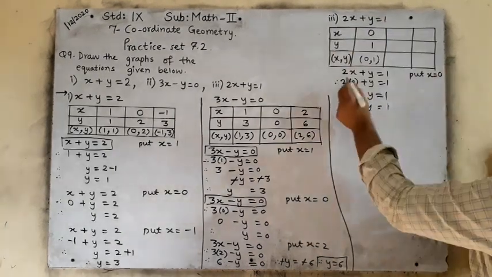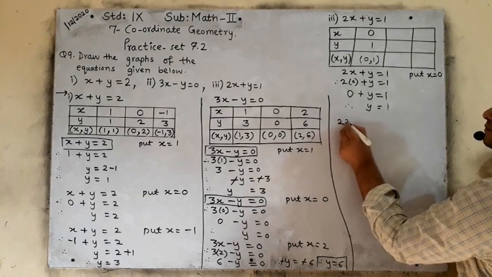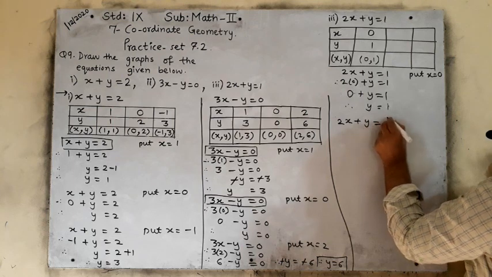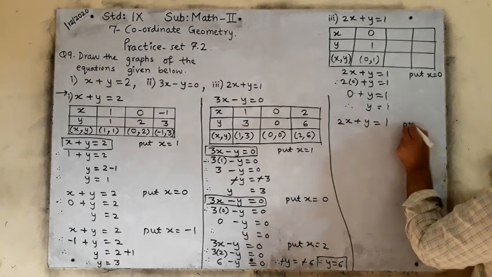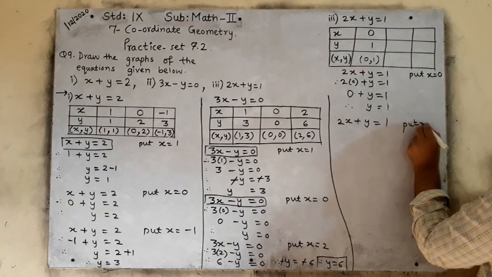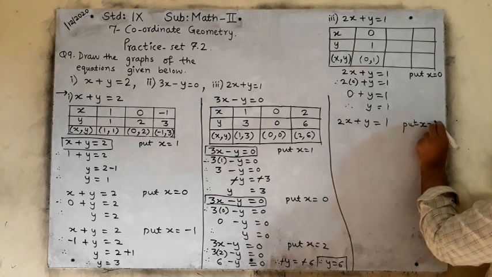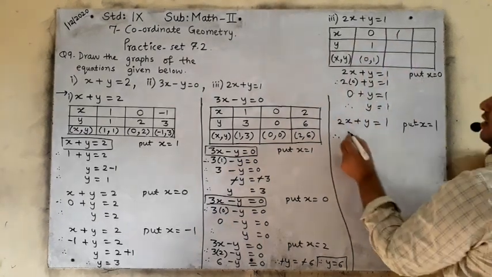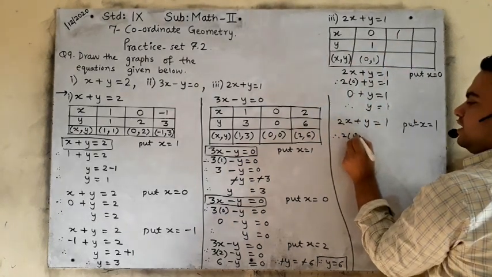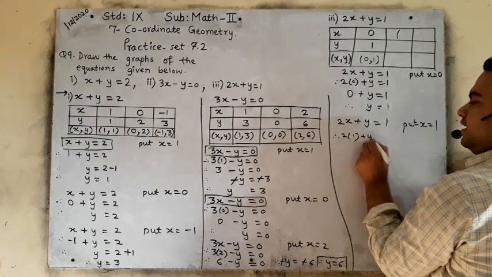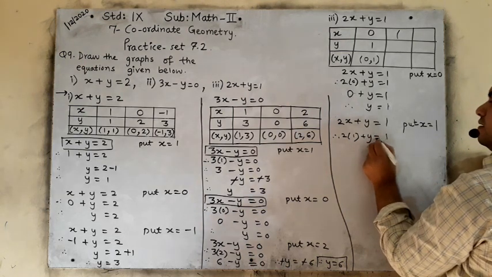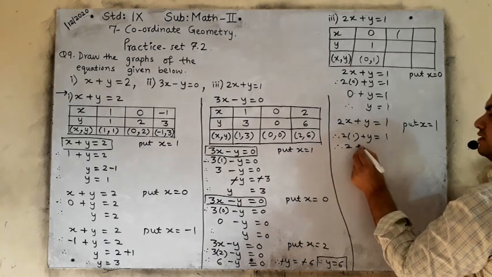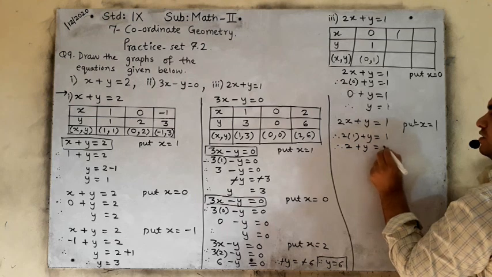Now again you will copy the equation, that is 2x plus y is equal to 1. Again you will put x value as per your choice, put x is equal to 1. So you will consider here x value 1. So you will write here 2 ones are 2 plus y is equal to 1.